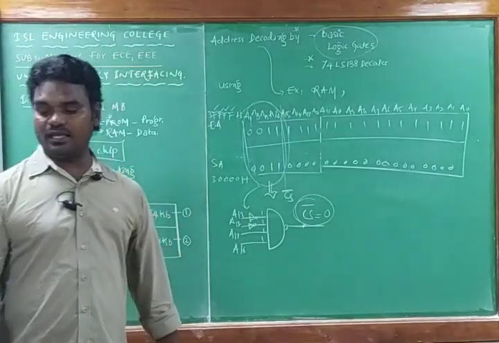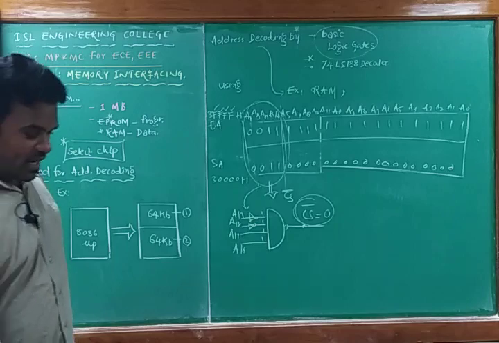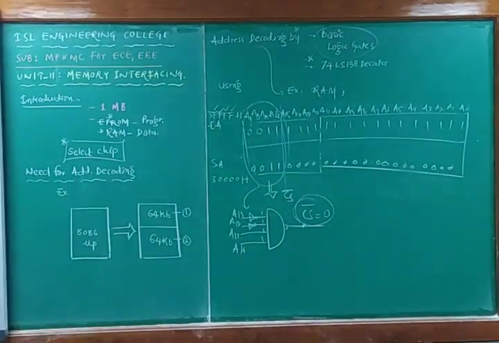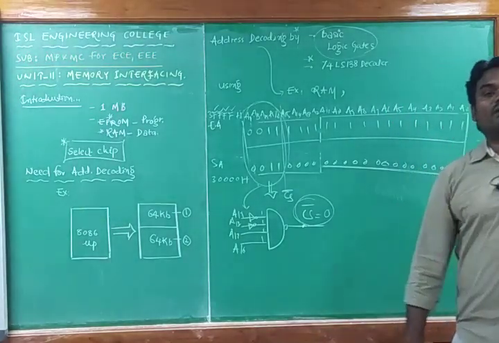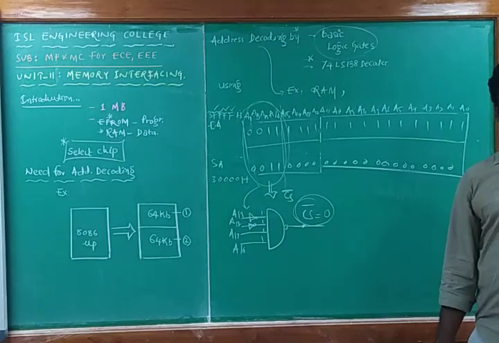The same address decoding can also be achieved by making use of a decoder circuit, that is the integrated circuit 74LS138 decoder, when the 8086 microprocessor is interfaced with one or more memory devices.